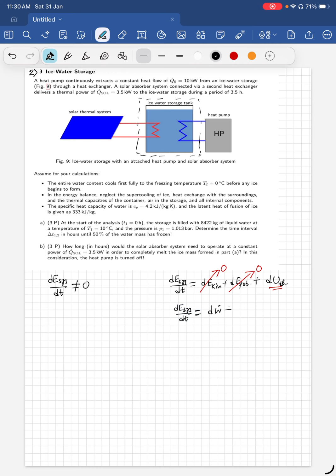So work supply, heat supply, and the material transportation supply. I hope that you have already checked there is no work supply on the system, so that would also be 0. And there is no material transportation through the system, so that is also 0.